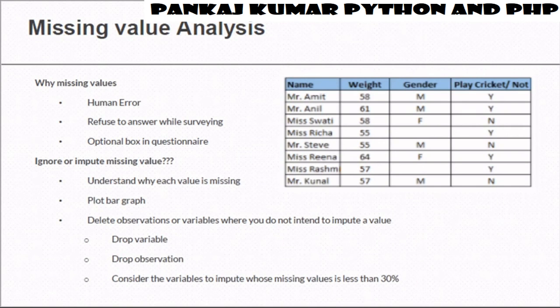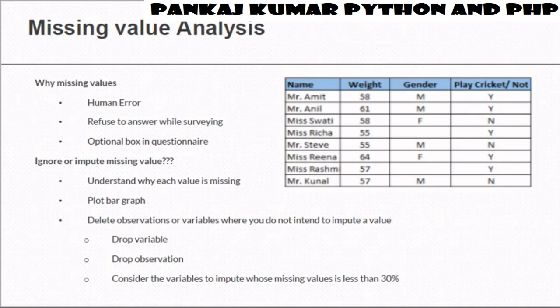Let us understand why missing values get created. It could be due to human error, or while doing a survey, people generally refuse to answer a few questions, or it could be due to optional boxes in a questionnaire. For example, if you are filling in an online survey, you get multiple questions and you may or may not respond.